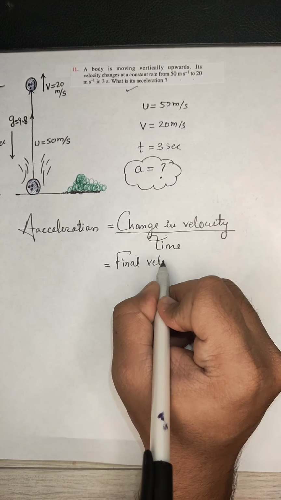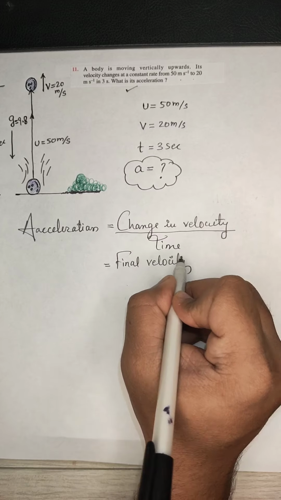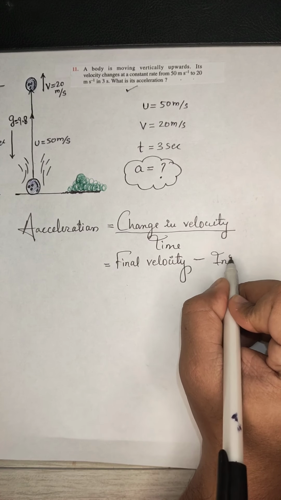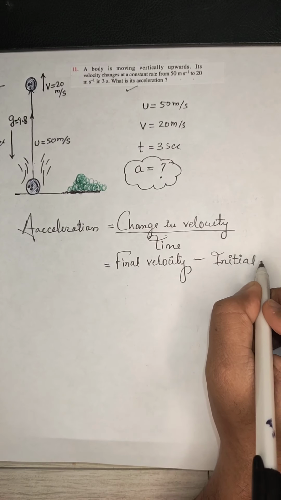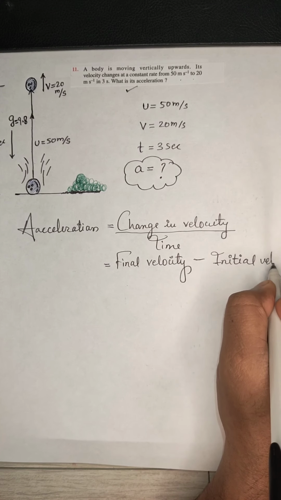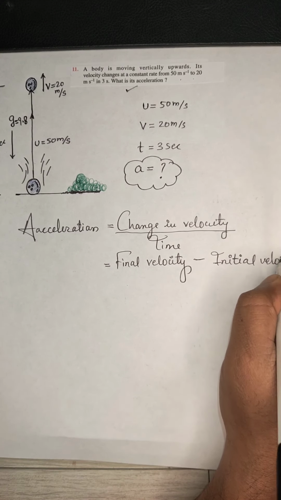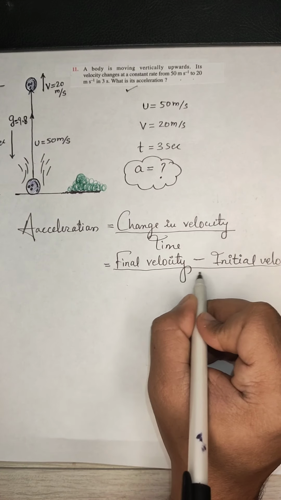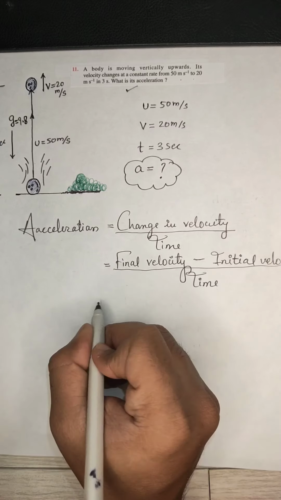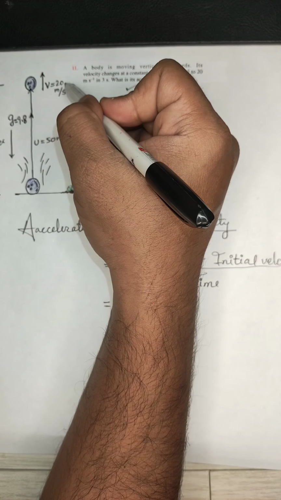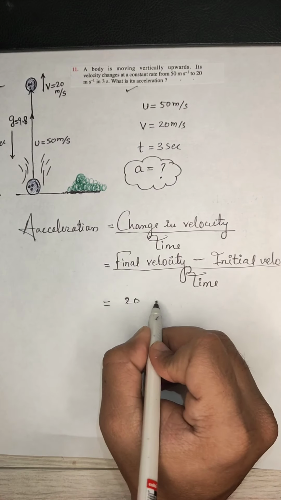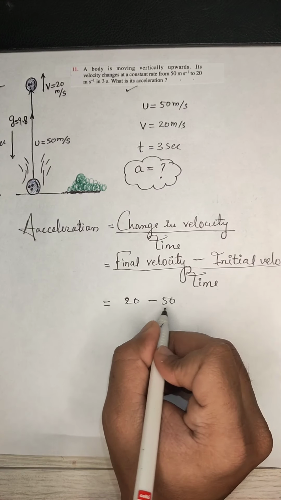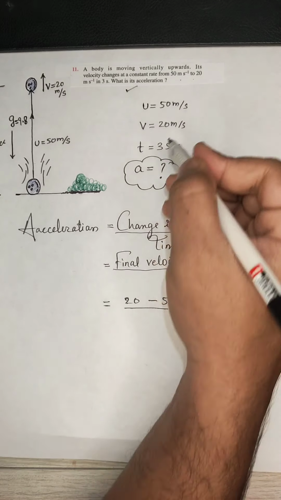Final velocity minus the initial velocity. And again the time. What is the final velocity here? 20 meters per second. What is the initial velocity here? 50 meters per second. What is the time taken? 3 seconds.